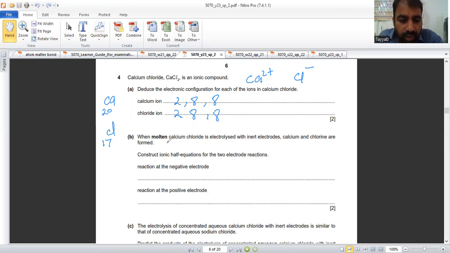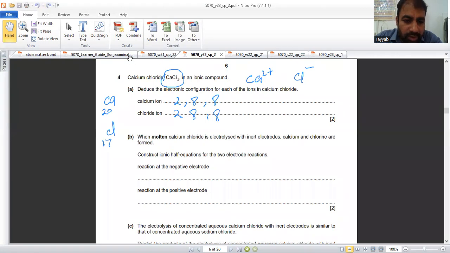After gaining one electron, it becomes 2, 8, 8. So Cl- and Ca2+. From this formula, we can also see that for one calcium ion, there should be 2 chloride ions. That's why it is CaCl2. Hope you are clear with the electronic configuration and the formation of positive and negative ions.